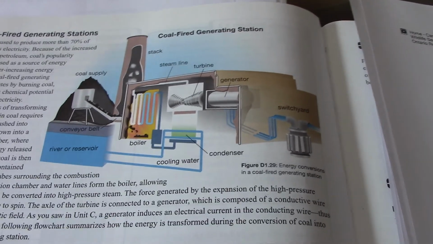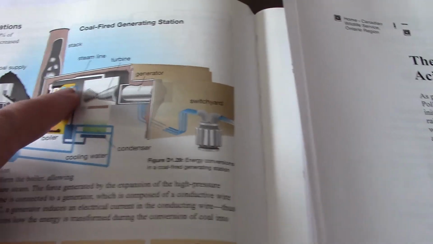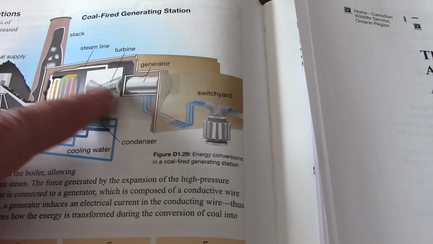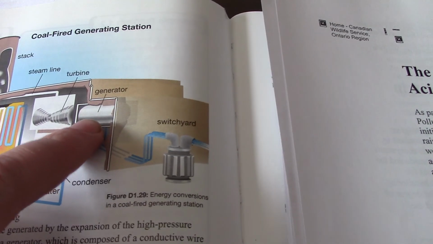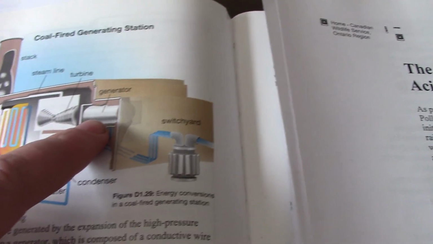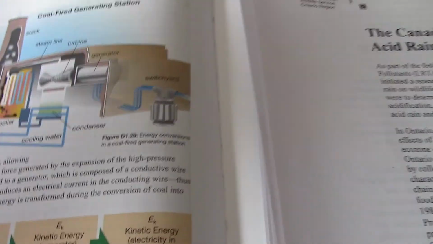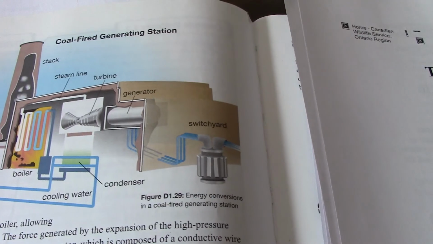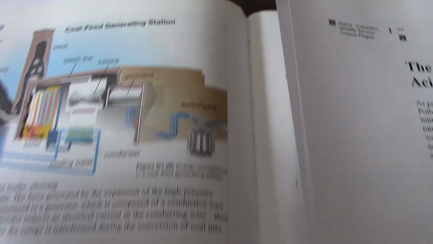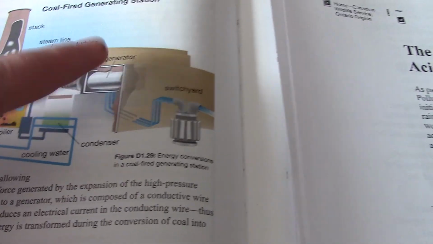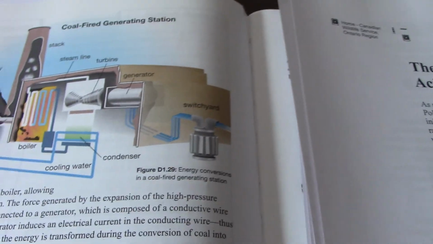So that's really what generating stations do: they use a potential energy source to heat water, and as the water changes state, that turns the turbine. And that turbine is connected to a large iron core with coils. As that turbine rotates, it spins a coil inside the generator.